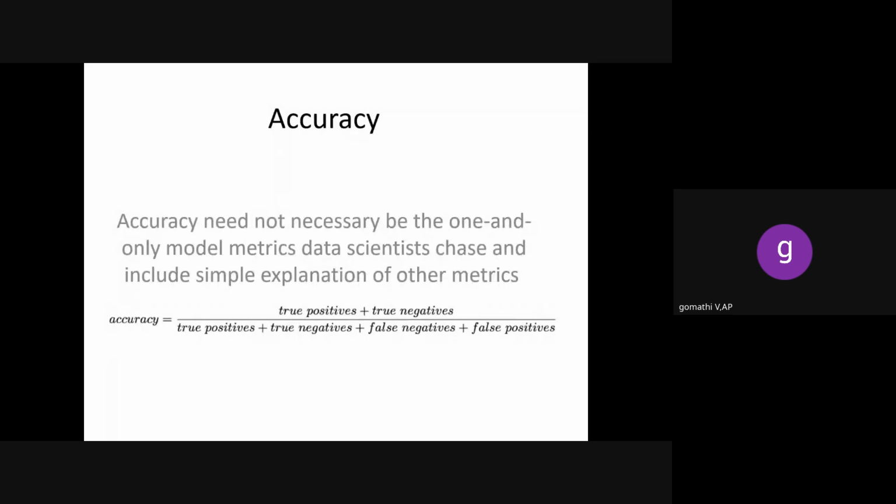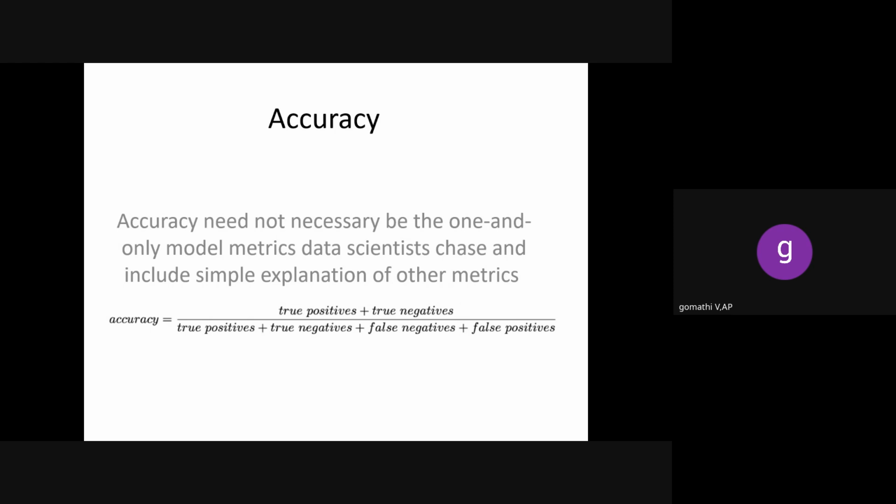The values will be positive, but we predict incorrect values. Next is the false negative, where the model incorrectly predicts the negative class. So true positive, true negative, false positive, false negative are the important terms used to calculate performance measures like accuracy and recall.